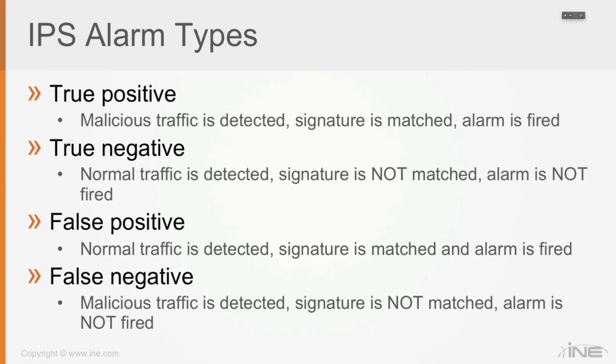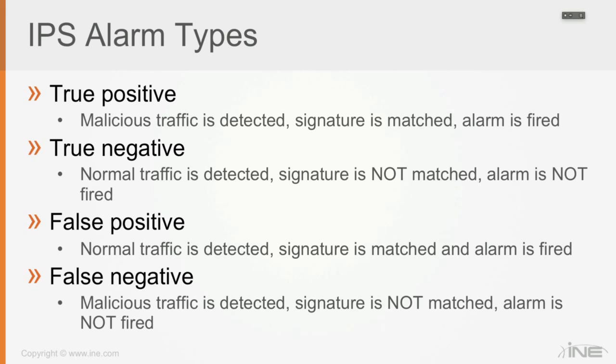And then false negative. Negative means again that an alarm is not fired. And because it's a false negative, it shouldn't be like that, because a false negative means that malicious traffic is happening, and unfortunately the signature is not matched and the alarm is not fired.